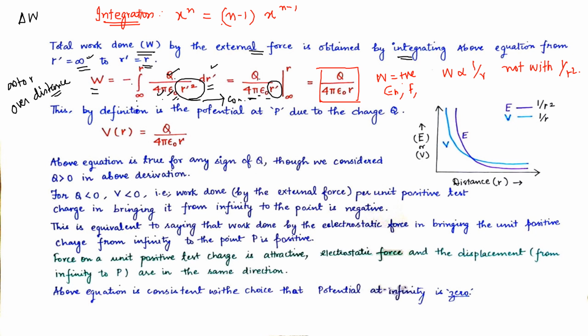Thus, by definition, the potential at P due to charge Q is given by V of R equals Q by 4 pi epsilon naught into R. Work done equals the potential carried by the system.